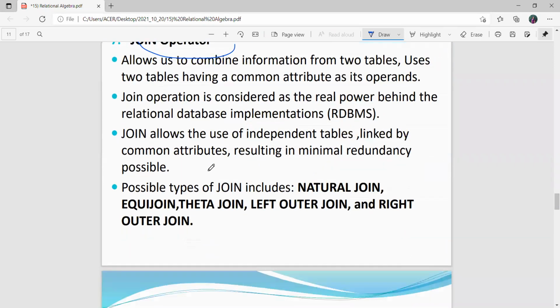You can use independent tables linked by a common attribute, and the result is minimal redundancy. There are many join operators: natural join, equijoin, theta join, left outer join, and right outer join. Let's discuss these in detail in upcoming lectures.